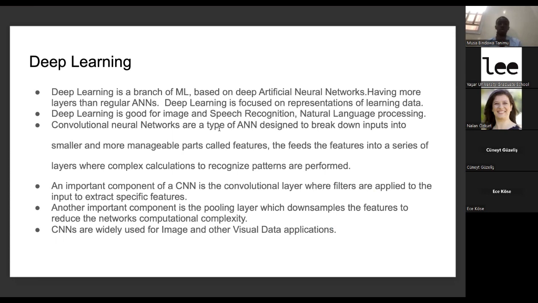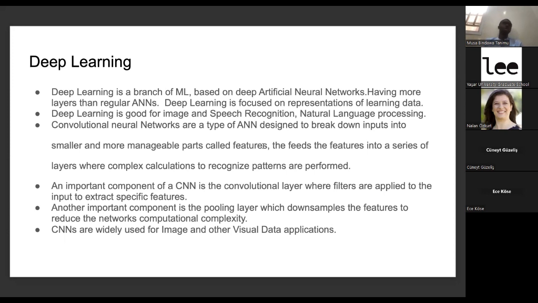Convolutional neural networks are a type of artificial neural network designed to break down inputs into smaller and more manageable parts called features. The features are fed into a series of layers where complex calculations to recognize patterns are performed.